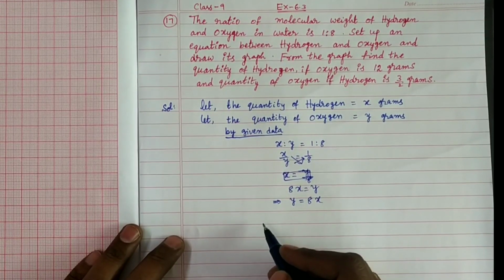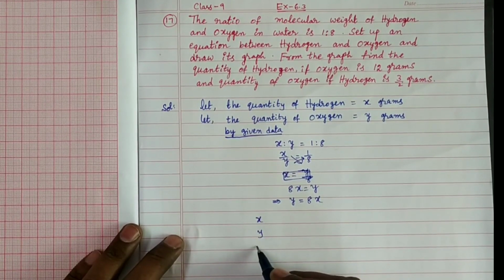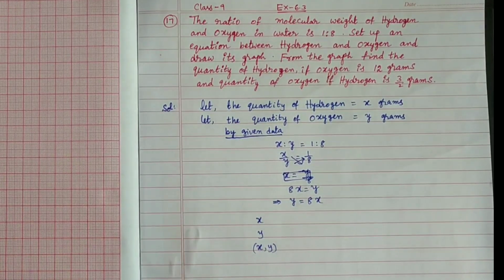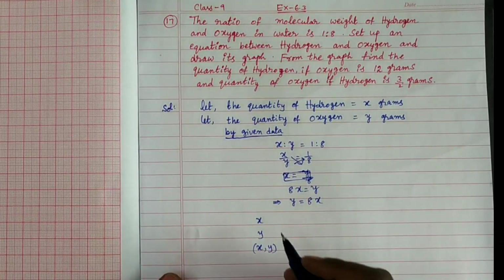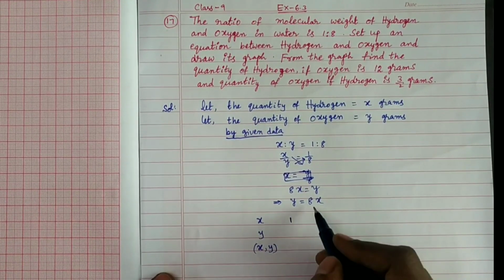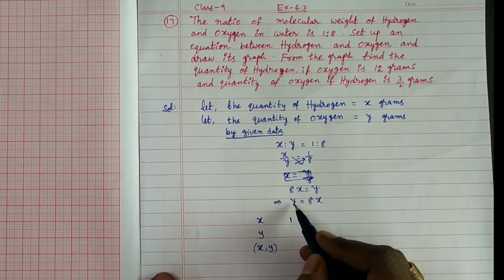So take the values x, y. Suppose in the value of x you take 1, then substitute 1 in the x place: 8 into 1 is equal to 8.